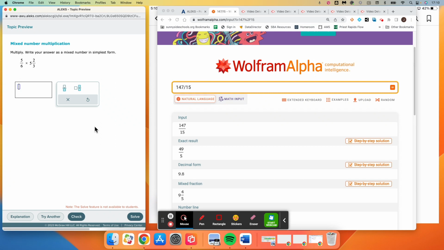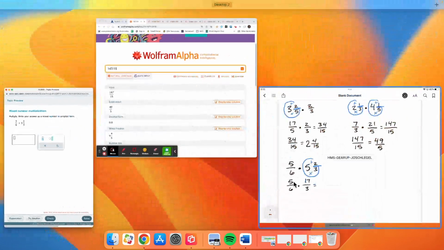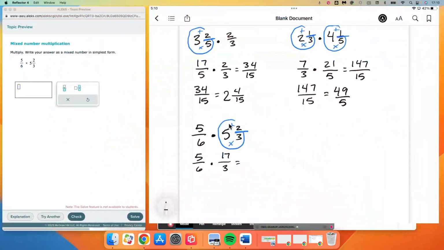There wouldn't be any cross-canceling. My bad, I forgot to put this back up. G method on the fraction on the right. There wouldn't be any cross-canceling to do here because none of them have common factors. So we will end up with 85 over 18.